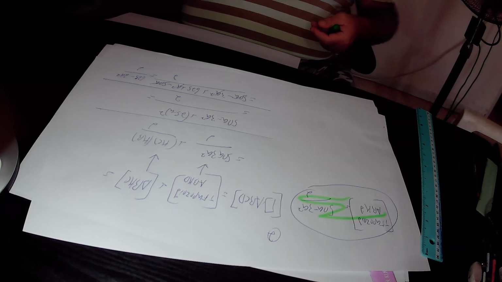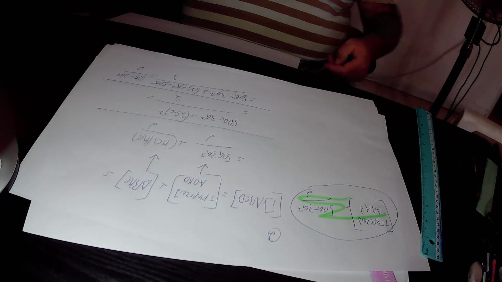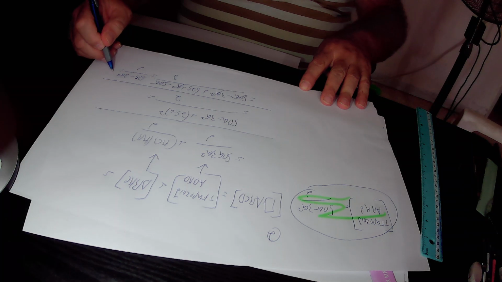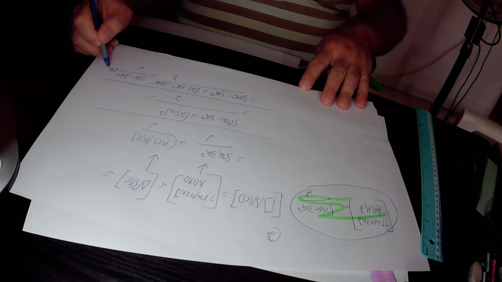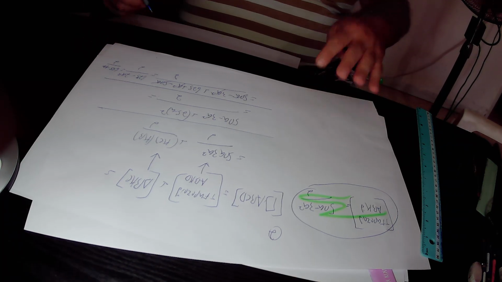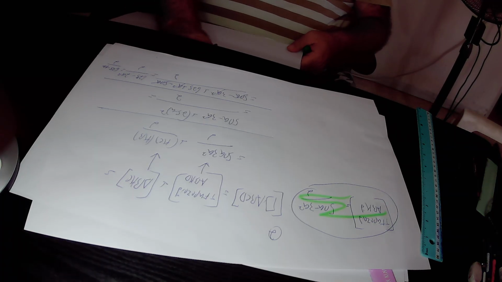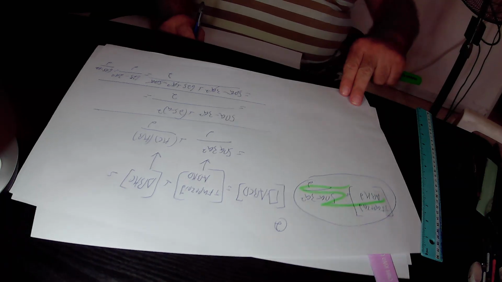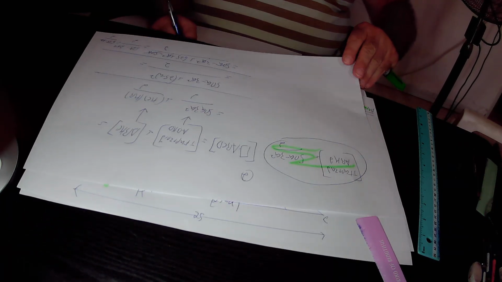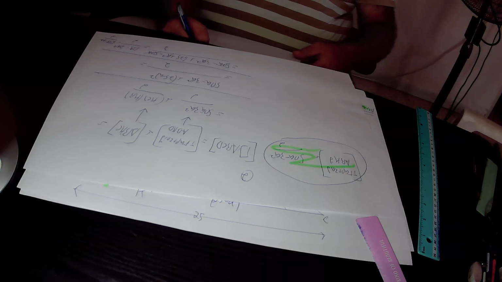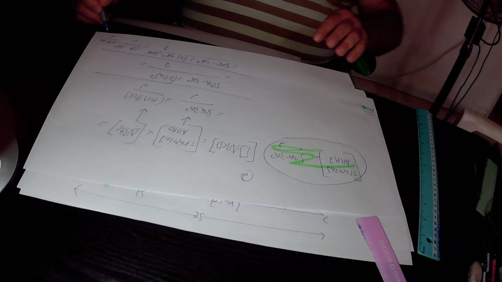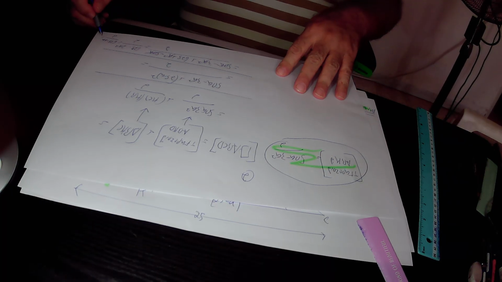And we get that the area of the quadrilateral ABCD equals 625 minus 2a squared. 2a squared is 100, so it is 625 minus 100, which is 525, divided by 2.